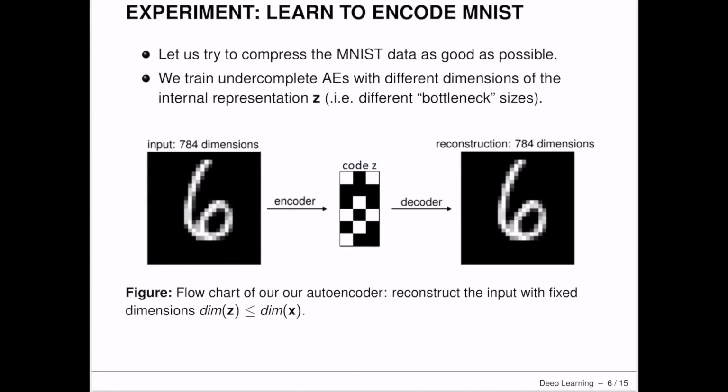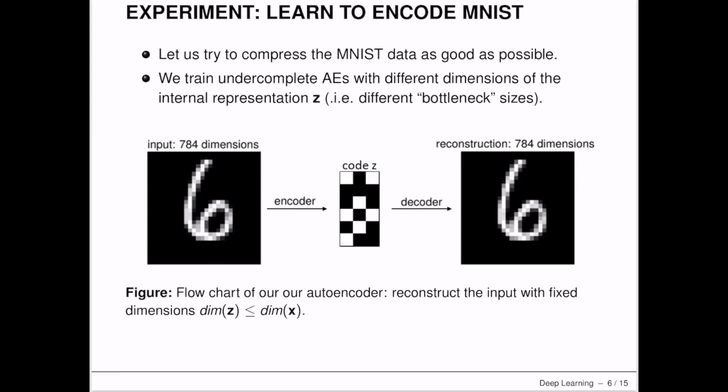So now we come to a small example where we train on the MNIST data that we have already seen, now with an autoencoder. So we try to learn a good compression of these images of handwritten digits, which are given as input.